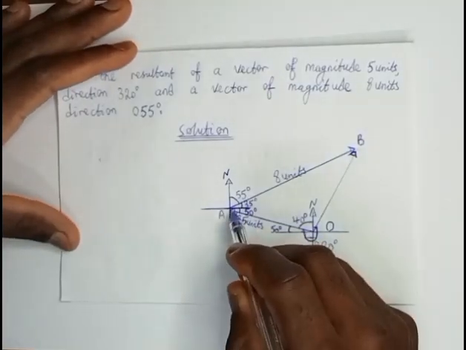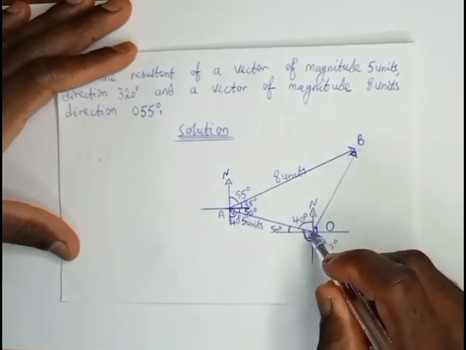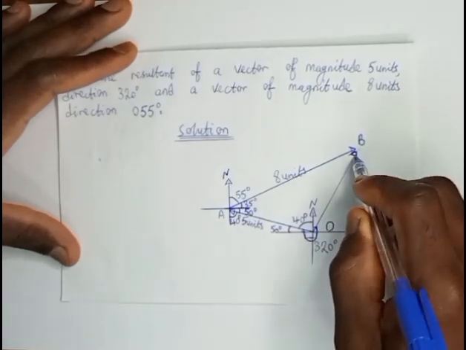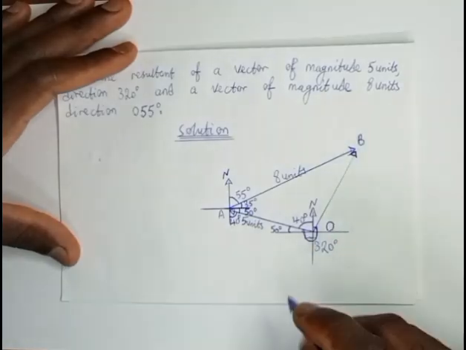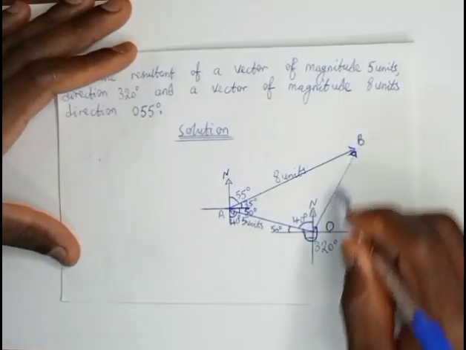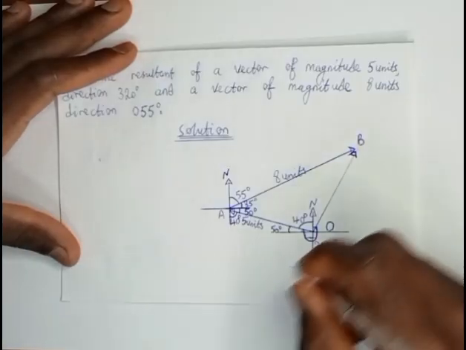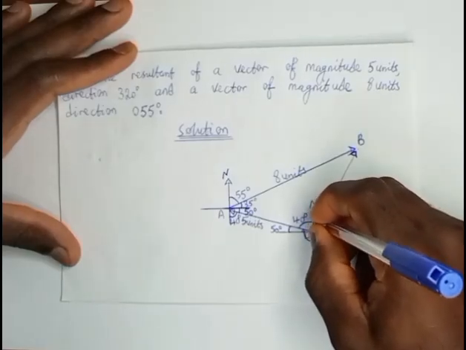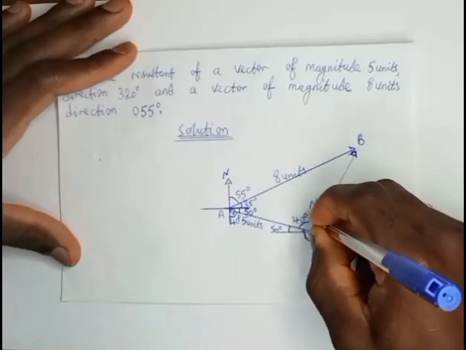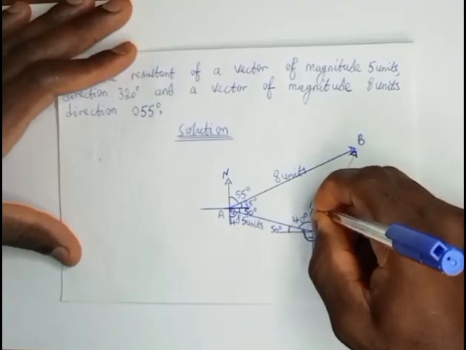This is 5 units, 8 units. We need to find the magnitude of OB and the direction of OB. For us to get the direction of OB, it will simply be this angle from the north. We are going to call this angle theta.